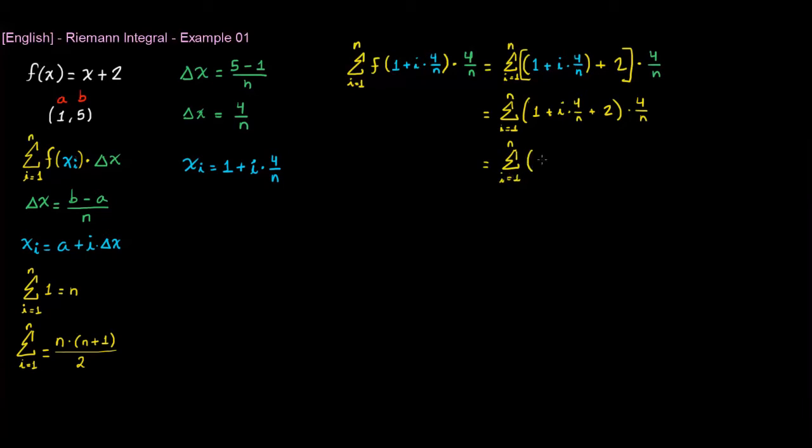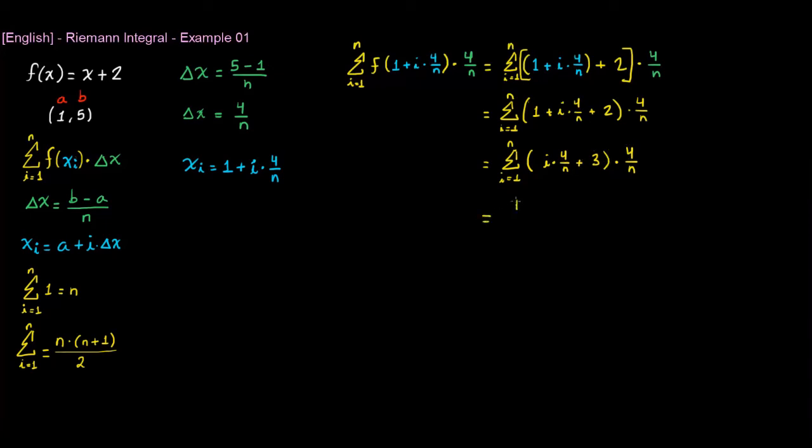I'm going to put first this i, so i times 4 over n plus 3, times the 4 over n. Now I'm going to multiply this 4 over n times this term plus this one times 3.